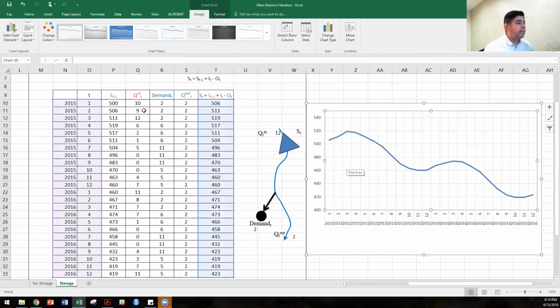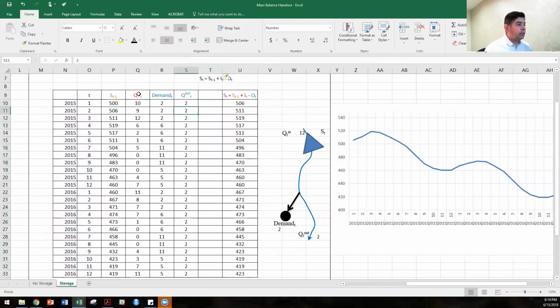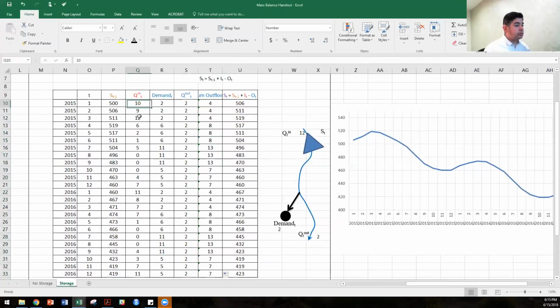Why is that? Let's take a look at the inflows, and at the sum of the outflows, so the sum of the demand plus the water going out. Let me also plot these two.